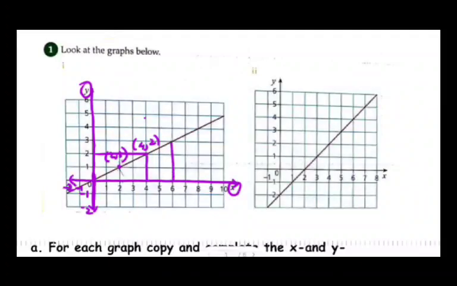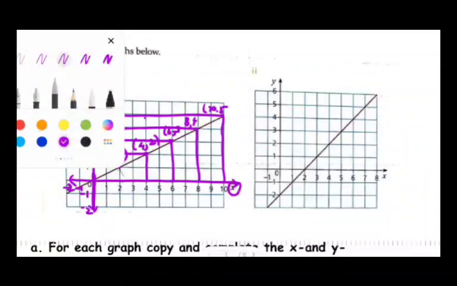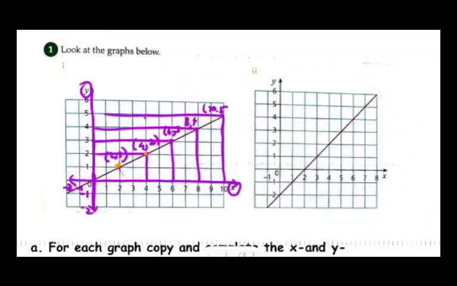So here we have (6, 3), and here we have (8, 4), and here we have (10, 5). Yes, when these coordinates are joined, we get our gradient. That's how a gradient is formed.